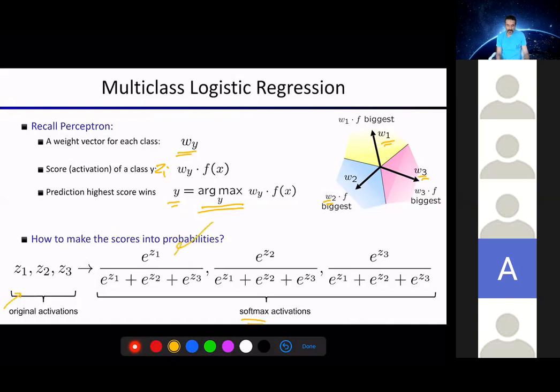So basically, these are your original activations. These are the probability distribution. For 3 classes, you have these 3 probabilities. How can we say that this is a probability distribution? Can someone say why?